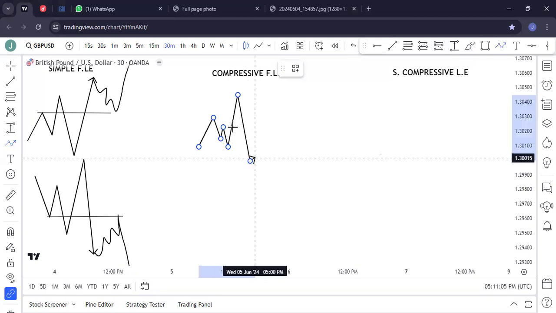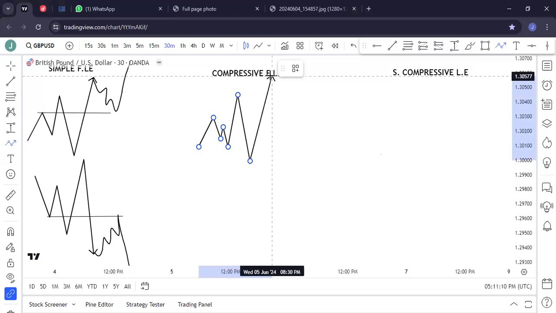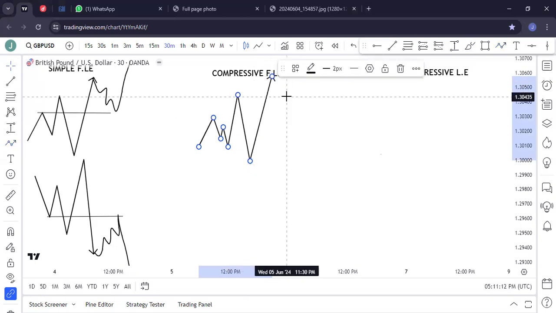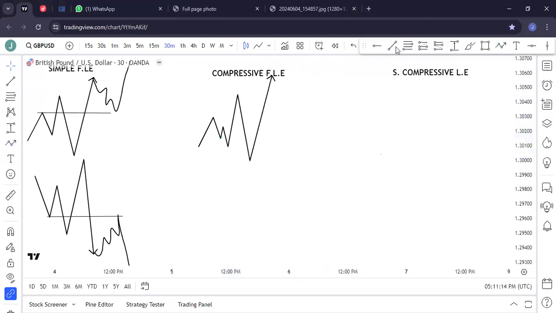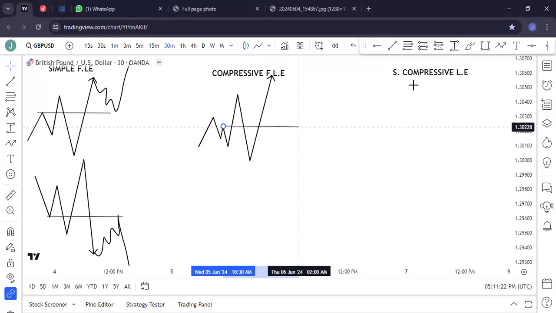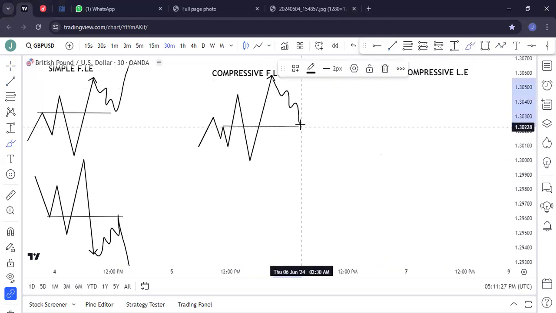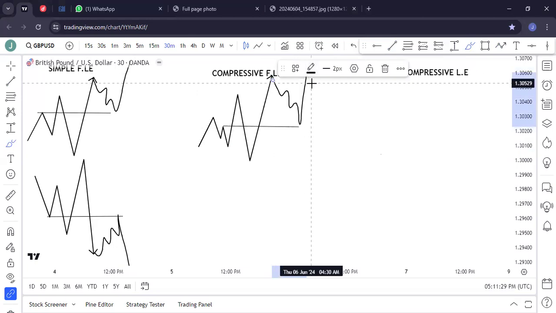So we are supposed to enter at this point as liquidity engineering, but the market breaks above. So now what are we going to do here? Same applies in the liquidity engineering. The same entry that we are supposed to enter as liquidity engineering, now we are going to enter as failed liquidity engineering.